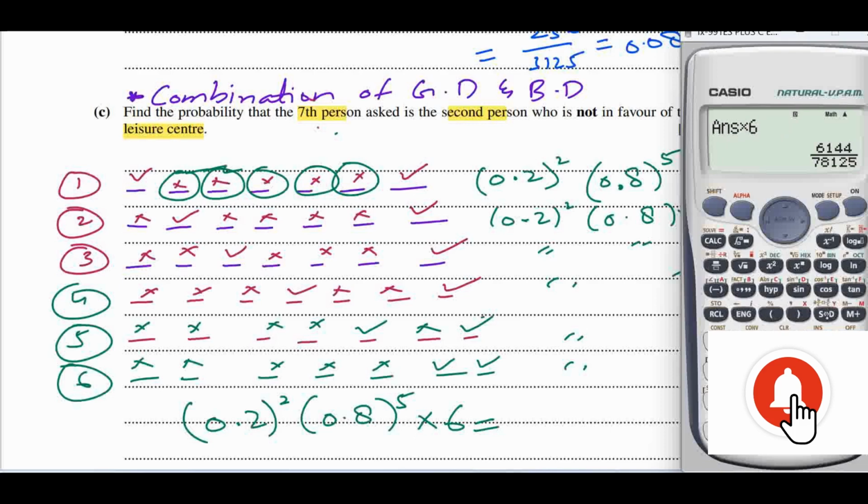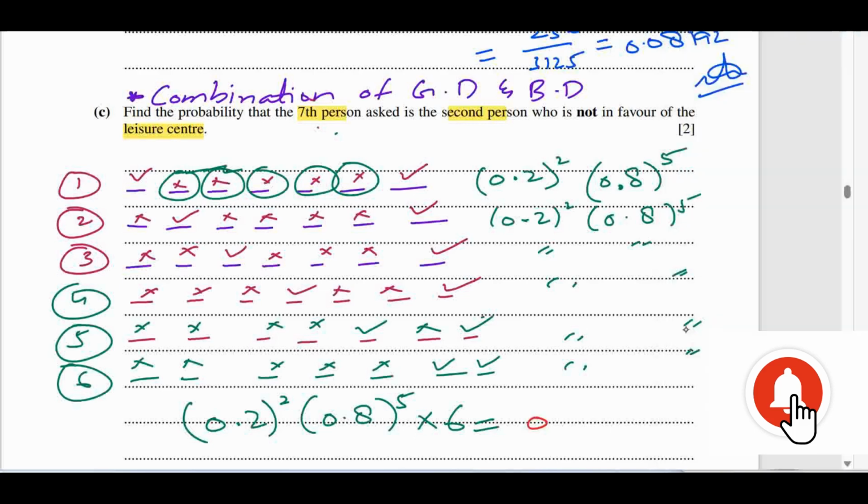So this will be equal to 0.078. So 0.078 will be the final answer. I hope that the concept is clear.